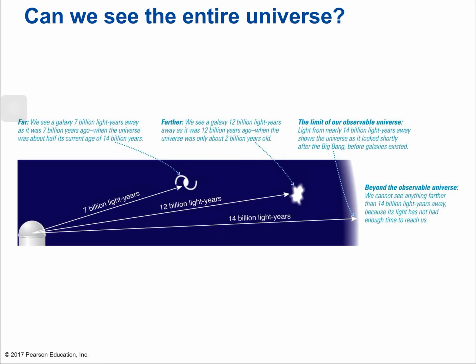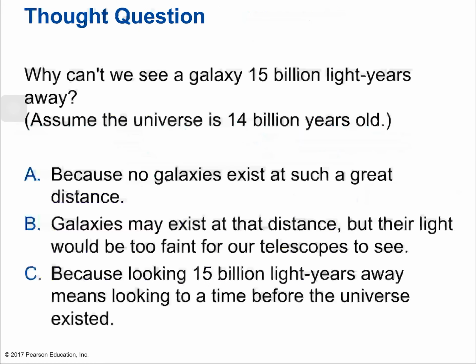All right. Can we see the entire universe? All right. Well, no. Why can't we see a galaxy 15 billion light years away? Well, because the galaxy may exist at that distance, but looking 15 billion light years away means looking to a time before the universe existed.